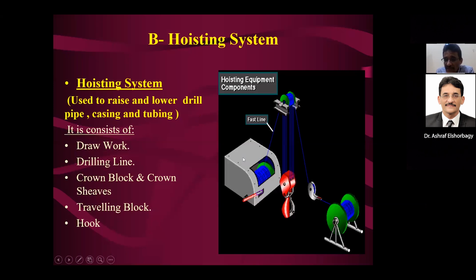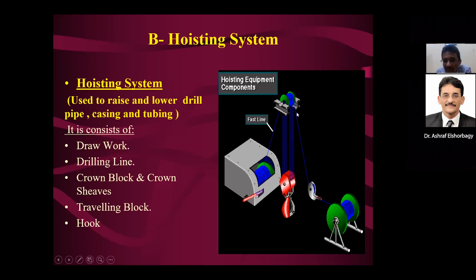And so when we're speaking about the hoisting system, I have to know the components of the hoisting system. First is the draw work. The draw work, which is this one, contains a drum inside. On the drum we wind the drilling line. The drilling line goes first to the crown, from the crown to the traveling block, back to the crown, to the traveling block, and so on.